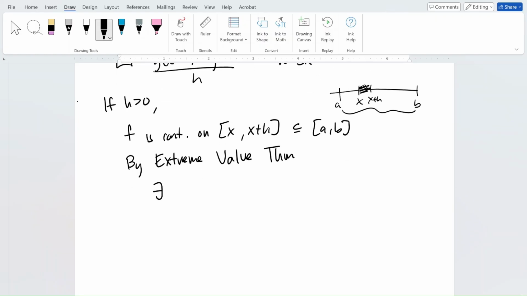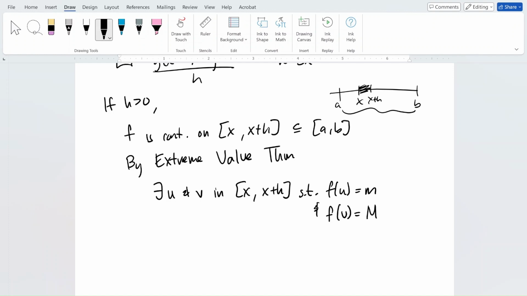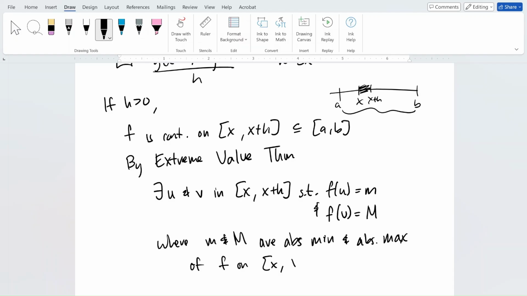So that means there exists a u and a v inside the interval from x to x plus h somewhere, such that f of u equals lowercase m and f of v equals capital M, where m and capital M are your absolute minimum and absolute maximum values of f on the interval that we're looking at from x to x plus h.